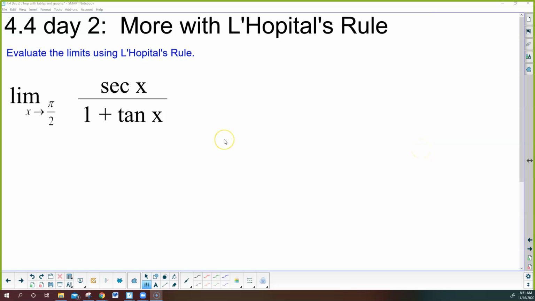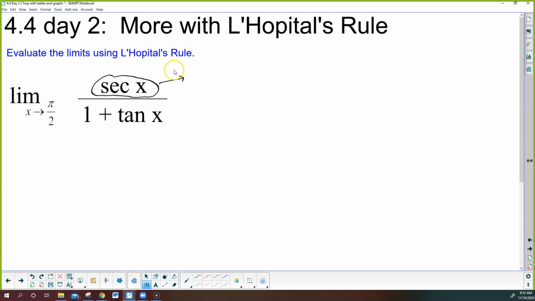Okay, so why did I pick a problem like this? Well, we're telling you you're going to use L'Hopital's rule, so you know that it's going to be 0 over 0 or infinity over infinity, but we still have to show all that work. The one thing that I noticed when I checked the homework from before is students were not showing the very first piece.